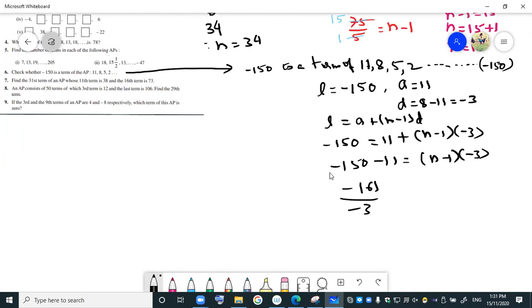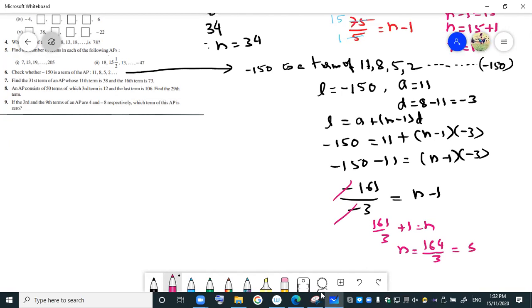This minus 3 will come to the left side. So n minus 1, minus and minus cancelled. This is not divisible by 3, so n is equal to 161 by 3 plus 1, that is 164 divided by 3. So it will come in decimal.